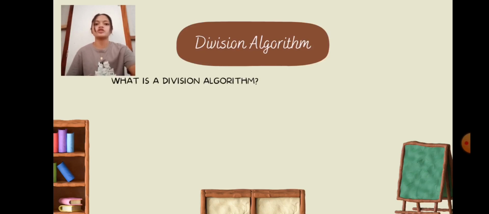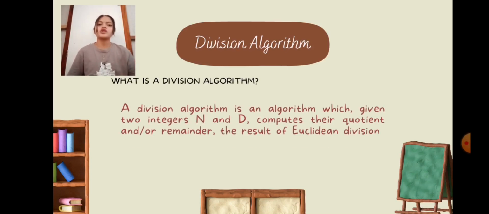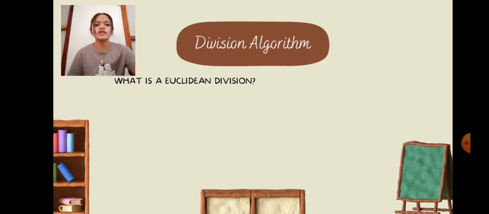So what is the division algorithm? The division algorithm is an algorithm which, given two integers, a and d, you will compute their quotient and remainder, which is the result of Euclidean division. So what is Euclidean division?